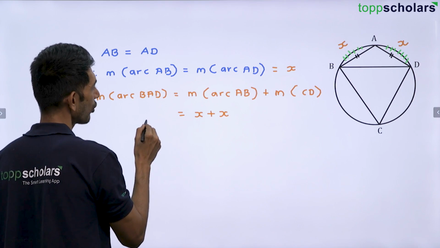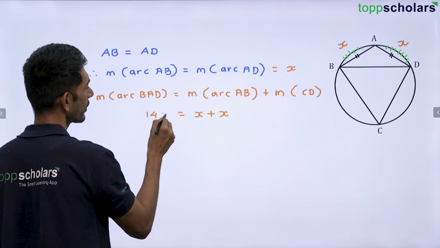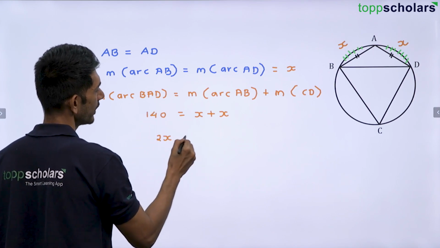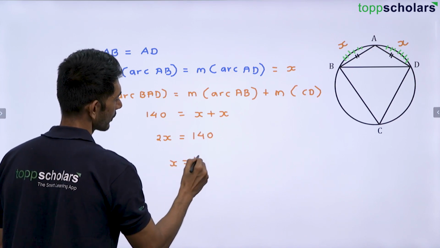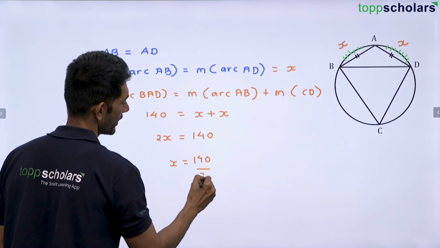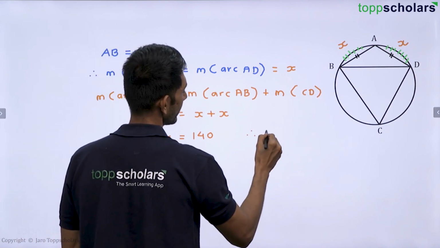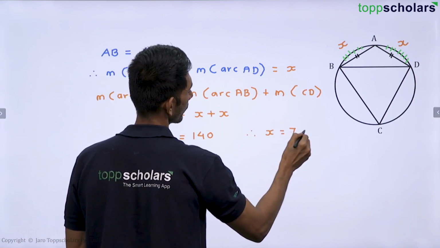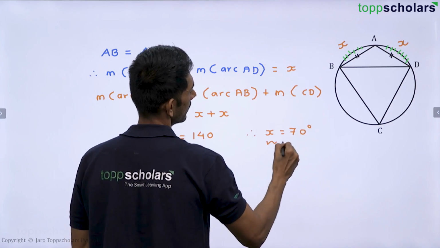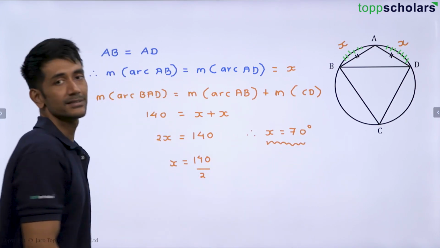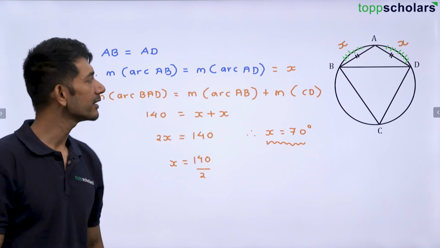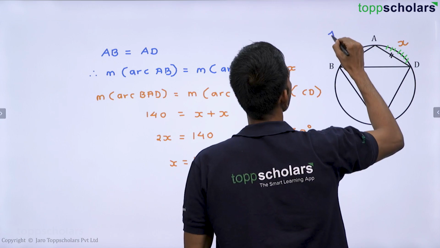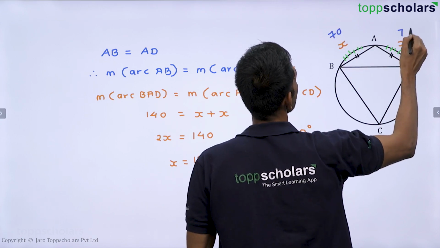BAD is already we have calculated 140 degrees. So I can say 2x is equal to 140. So x will be equal to 140 divided by 2. So can I say x will be equal to 70 degrees. Correct? So the value of x is 70 degrees. So this is 70, this is 70.